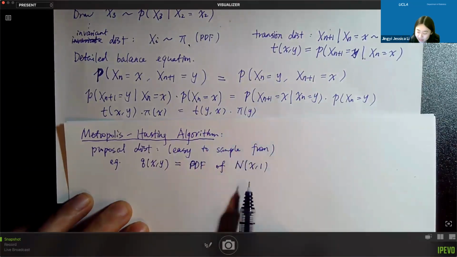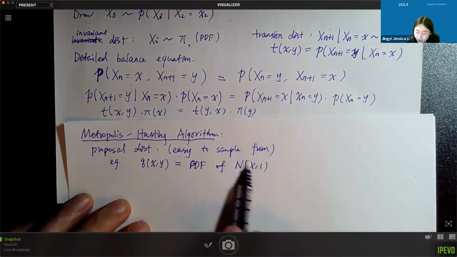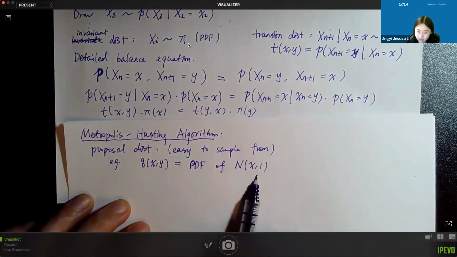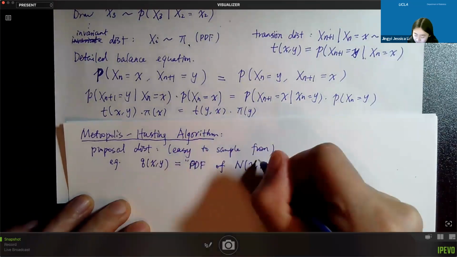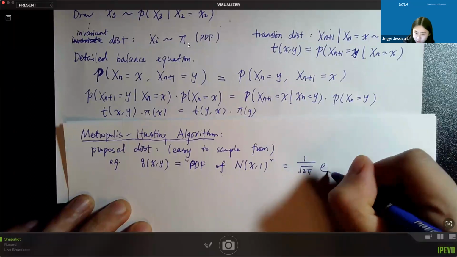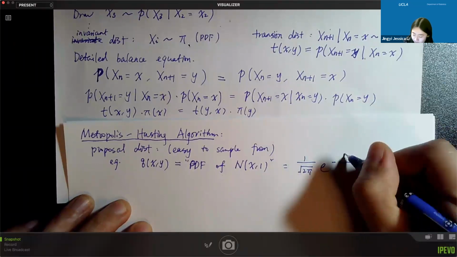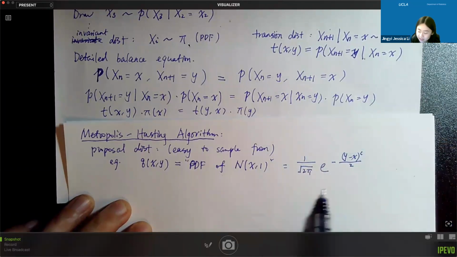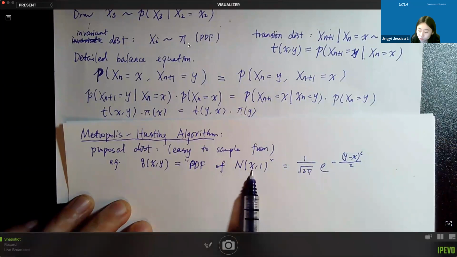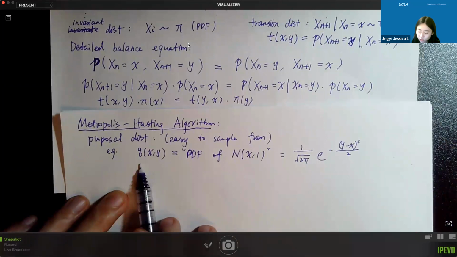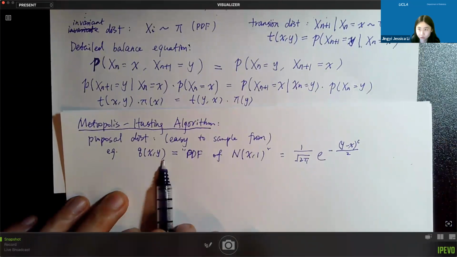That means we use x as the center, the mean of our distribution, and we draw y as a value that surrounds x following this normal density. So the density takes the form 1 over root 2 pi times exponential to the power of minus (y minus x) squared over 2, right? This is exactly the density of a normal with x as the mean and 1 as the standard deviation. So this is one way to go from value x to value y.